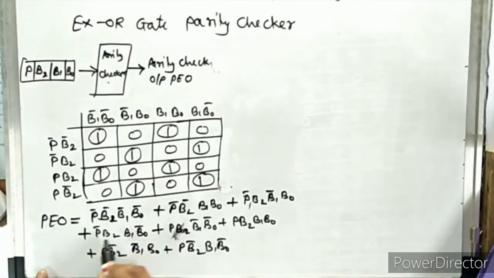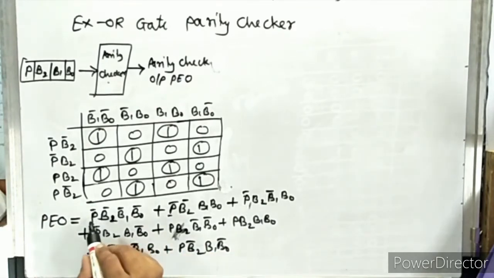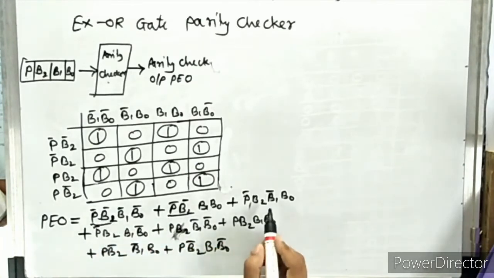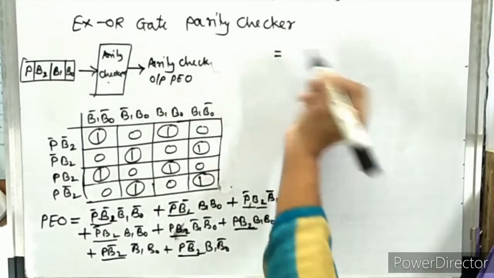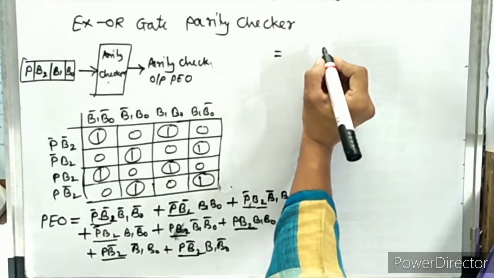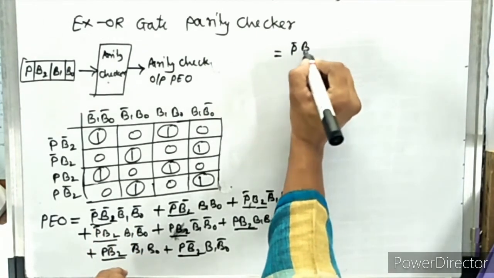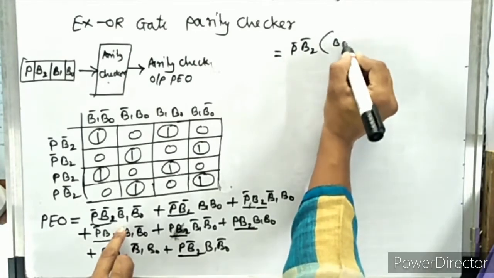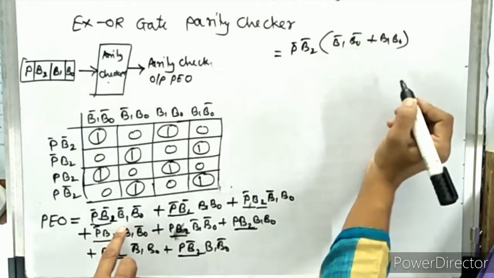So here again we can take common P bar B2 bar from these two pairs, then P bar B2 from these two, and P B2 from these two, and here P B2 bar from these two pairs. So let's write the equation. So we get P bar B2 bar, and here we get B1 bar B0 plus B1 B0.